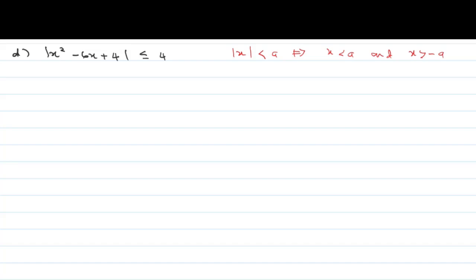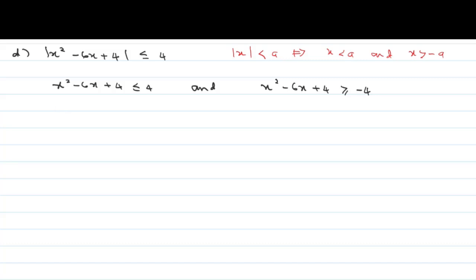So we define the inequality. So we have x squared minus 6x plus 4 less than or equal to 4 and x squared minus 6x plus 4 greater than or equal to negative 4.